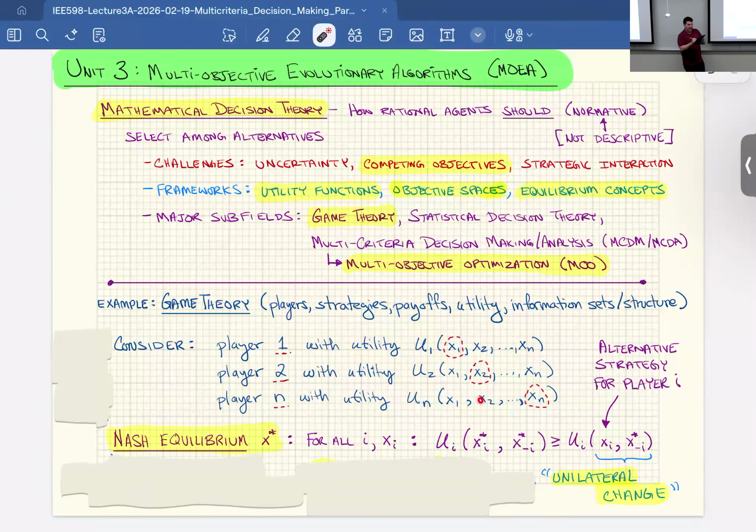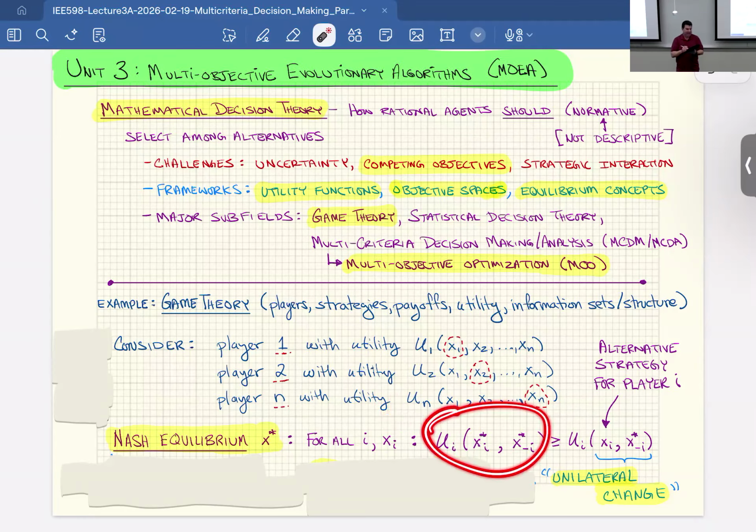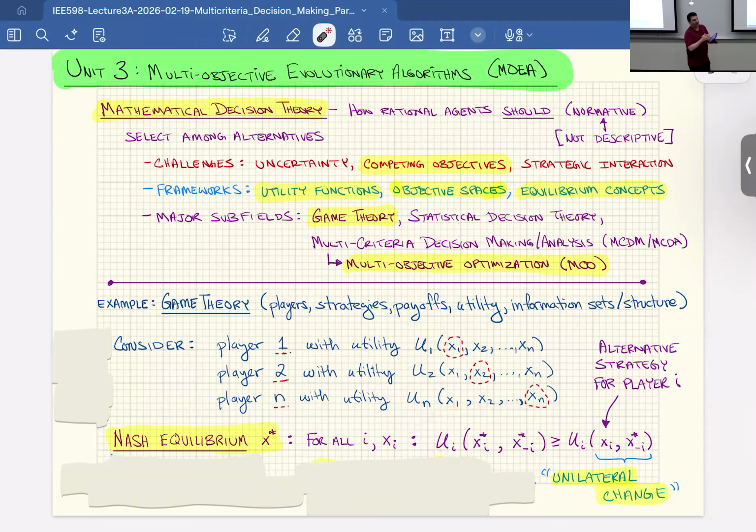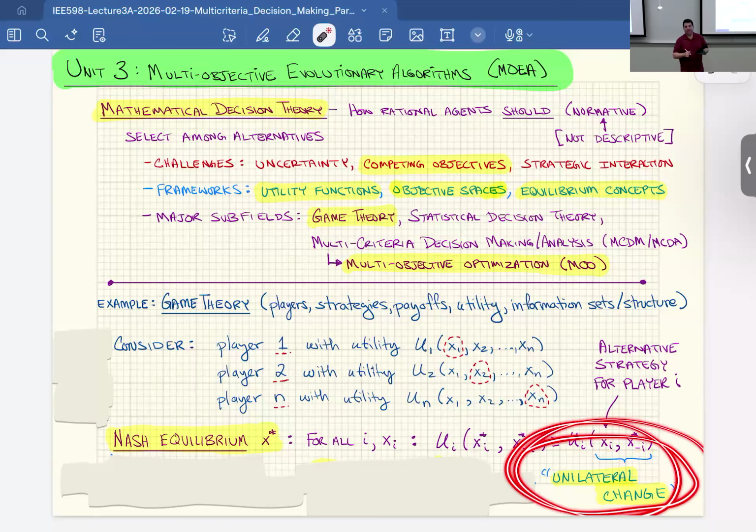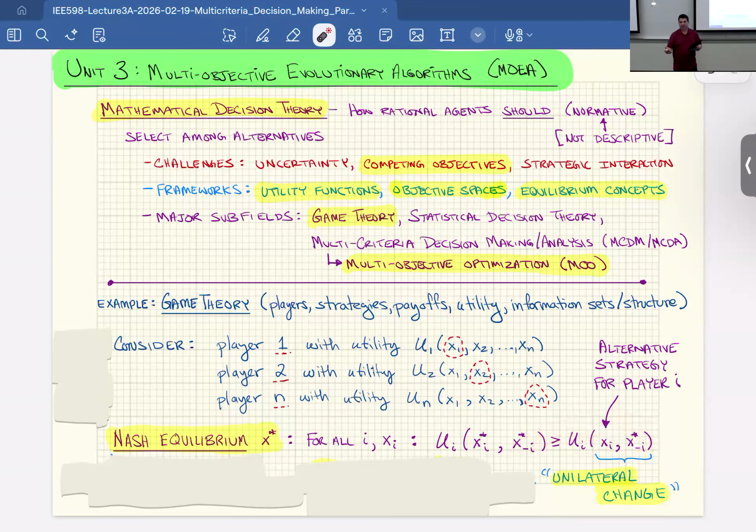So I'm saying I've got xi at the Nash, and then everybody else at the Nash. So this is saying that for any alternate strategy that player i could play, its payoff at the Nash is at least as good or is better than the payoff it would get by playing the alternate strategy if no one else played an alternate strategy. So this is what we refer to as a unilateral change.